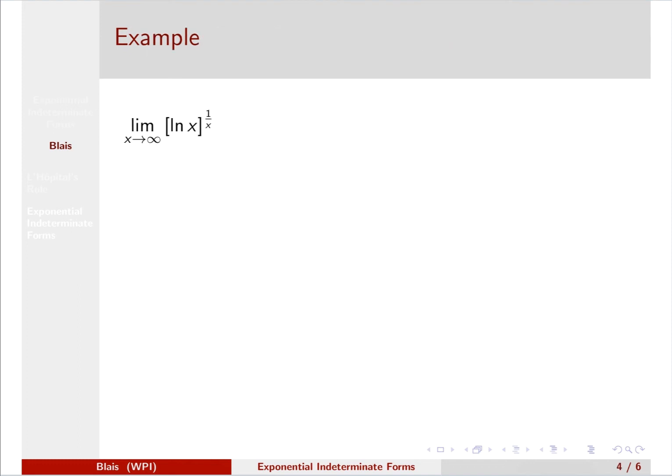So let's see how this works in an example. The first step is to note what's happening with the base and what's happening with the exponent. We see that the base is going to infinity. So we know as x goes to infinity, natural log of x goes to infinity.